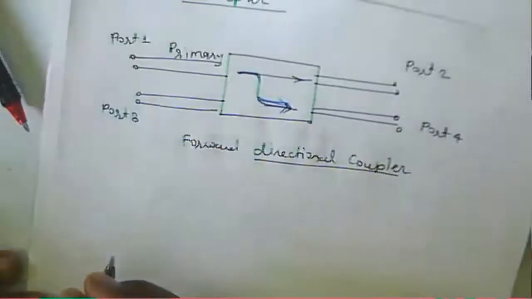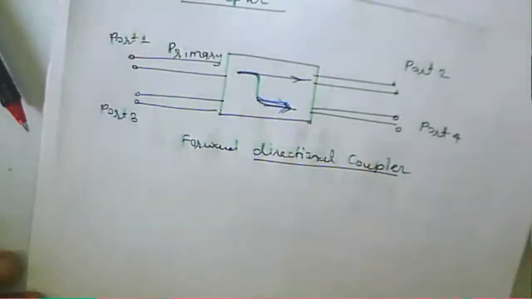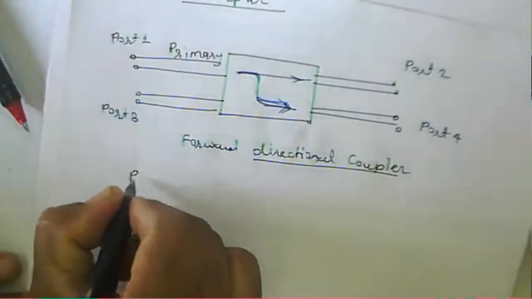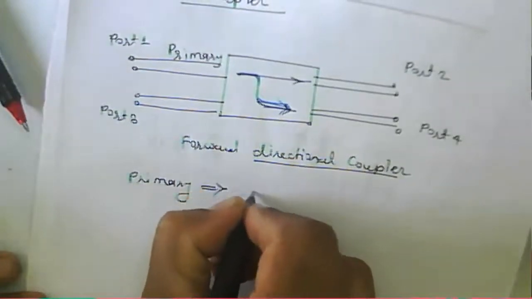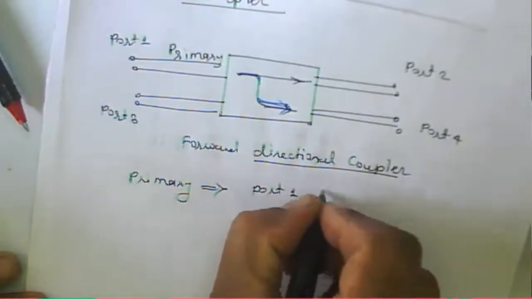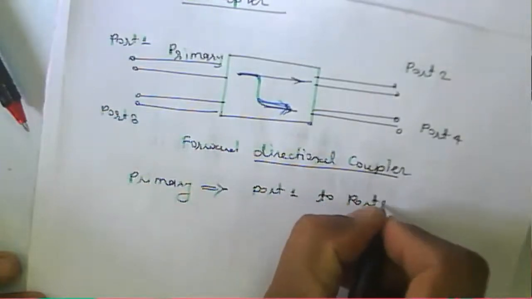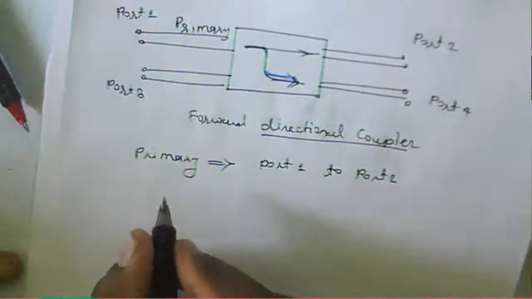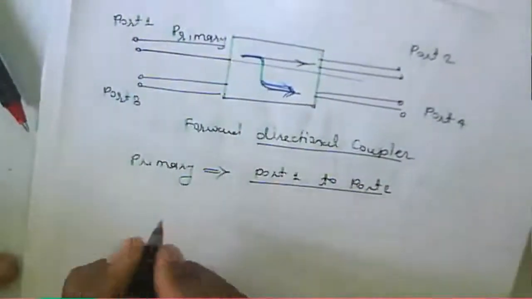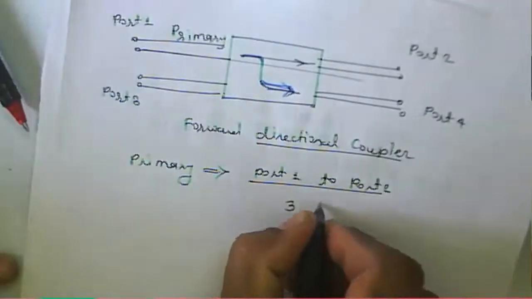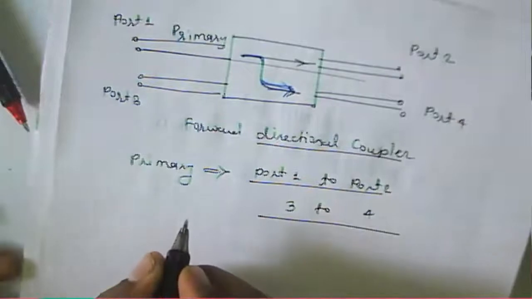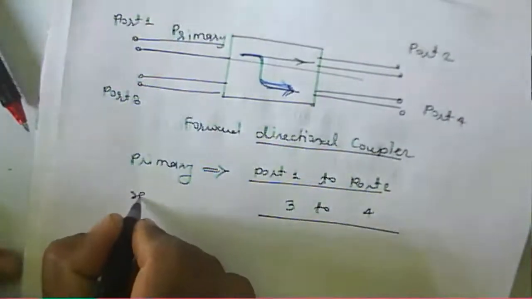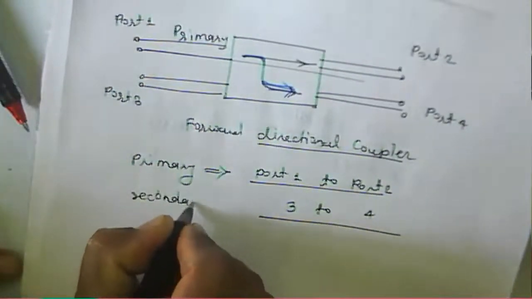No need to mention forward, because we have a primary waveguide: port 1 to port 2 is the primary waveguide, and port 3 to port 4 is the secondary waveguide.